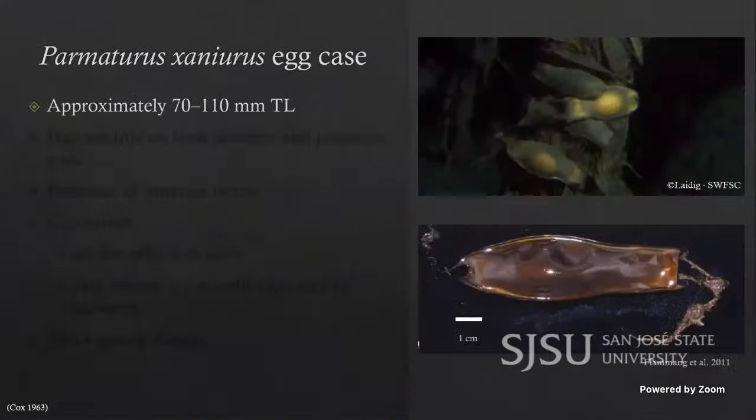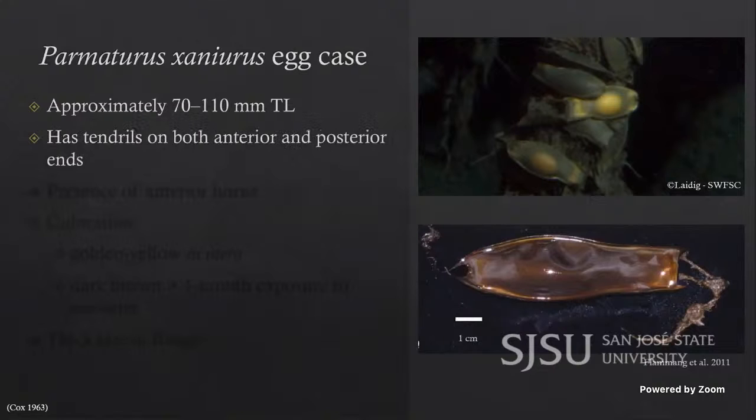Parmaturus xaniurus egg cases are approximately 70 to 110 millimeters total length. Tendrils are found on both the anterior and posterior ends, similarly to Apristurus brunneus. They have the presence of anterior horns here, a filament that's extending off of this lateral edge.